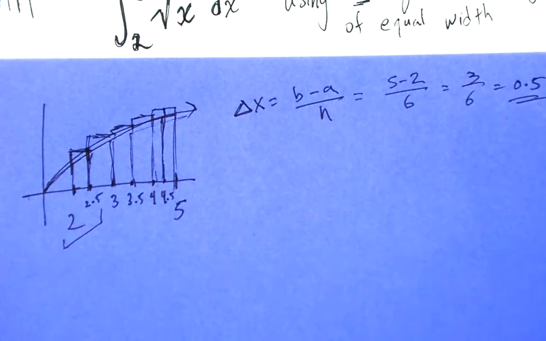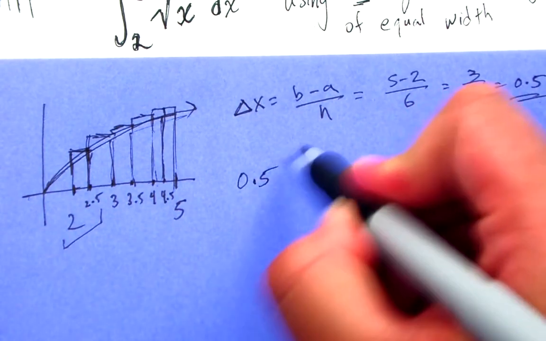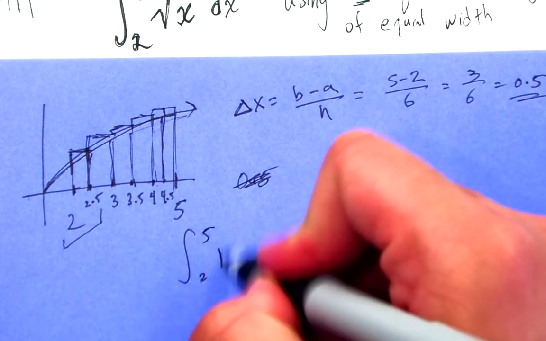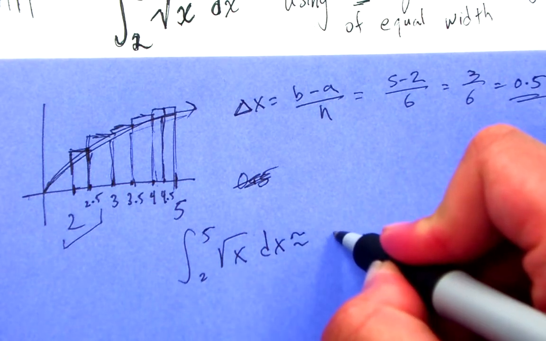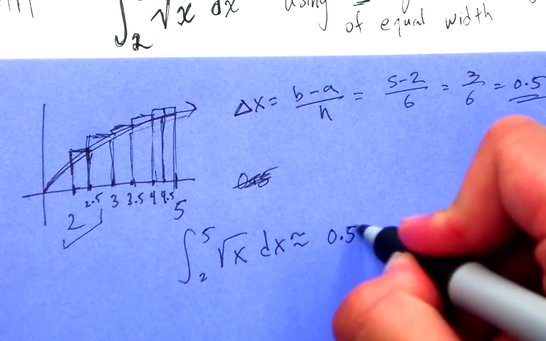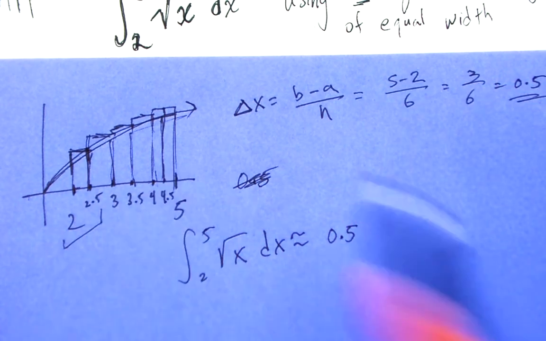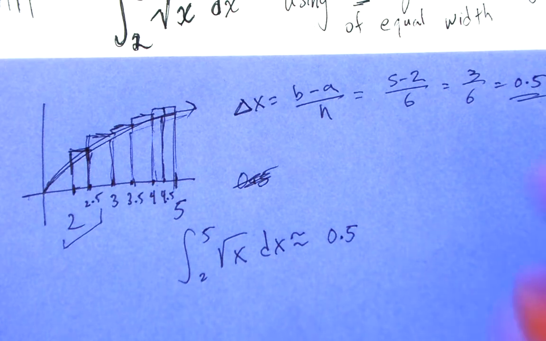So the first rectangle is going to have a base of 0.5 by design. So let me do this over here. The integral from 2 to 5 of the square root of x dx is approximately the first rectangle, which has a base of 0.5. Remember, they're all going to have the same base: 0.5, 0.5, 0.5. So 0.5 times the height plus 0.5 times the height, and so on. I'm just going to factor out all those 0.5s.